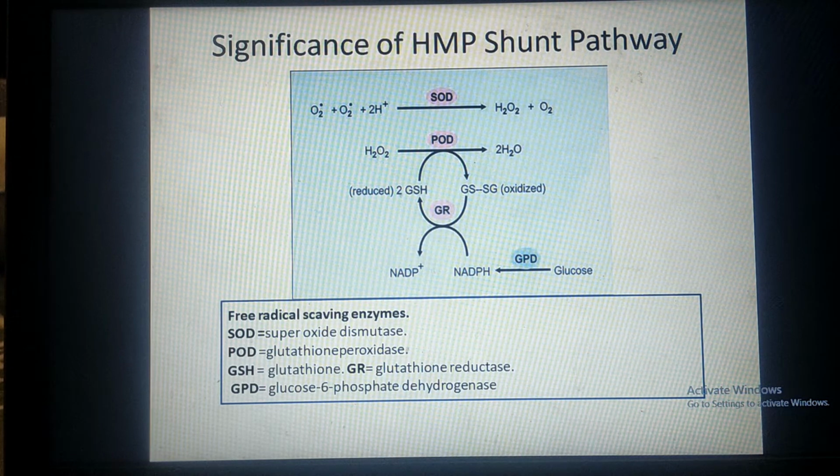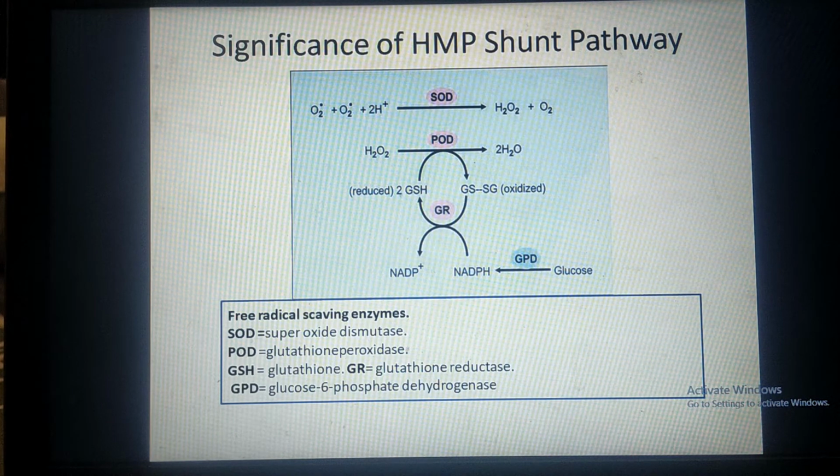GSH indicates the reduced form of glutathione. So two molecules of reduced glutathione supply two hydrogen atoms in the reaction, and the POD converts hydrogen peroxide into water. But during this process, the two molecules of GSH get converted into GS-SG, the oxidized form of glutathione.